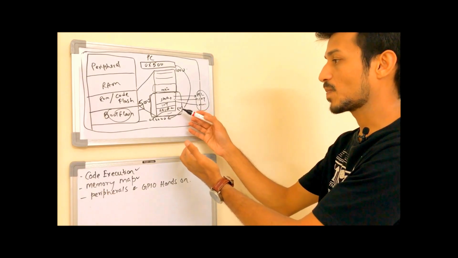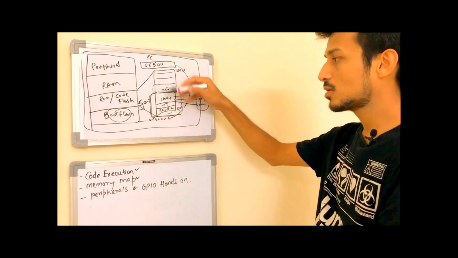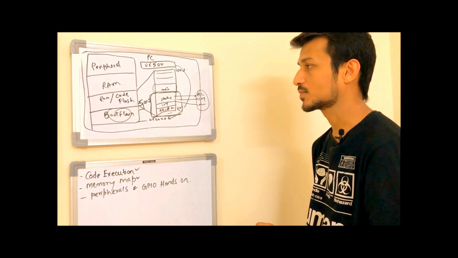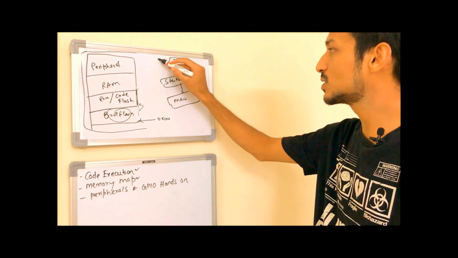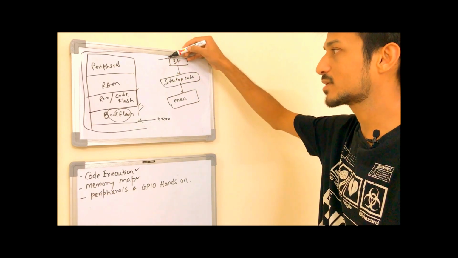After the boot flash gives control to this code flash, all your main code will be executed from this memory. That's how code execution starts, from the boot flash, from the base address, or from any other address at which boot flash is located.